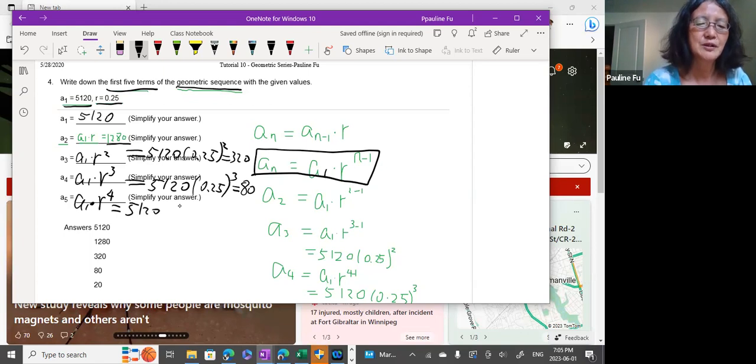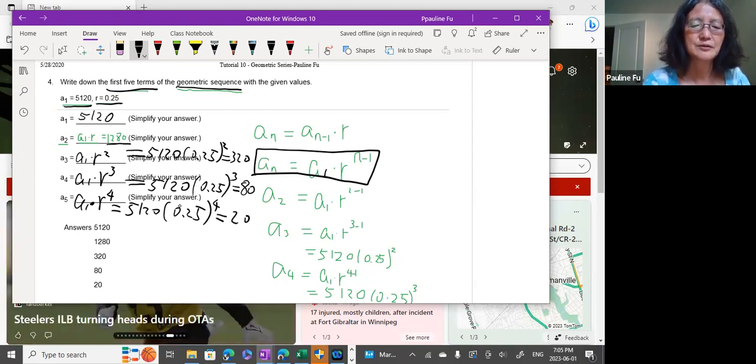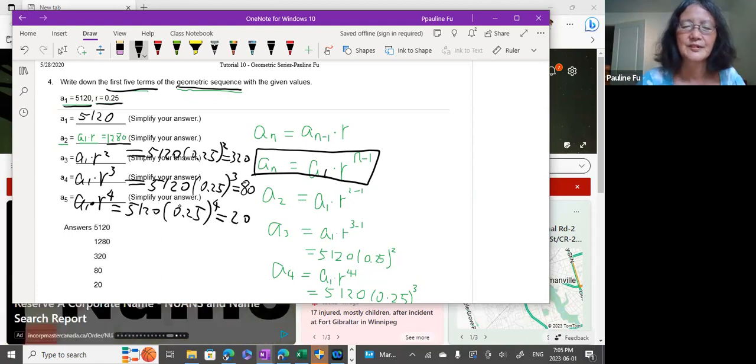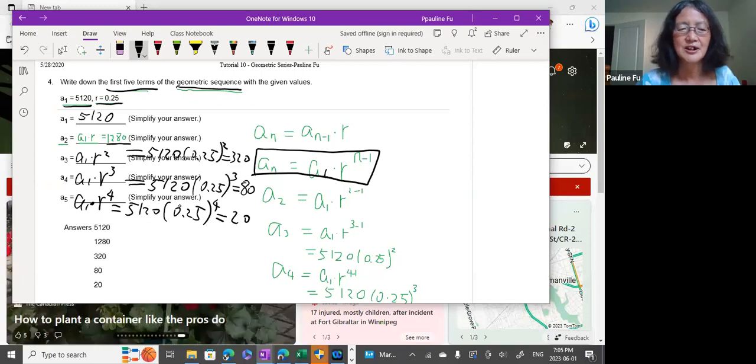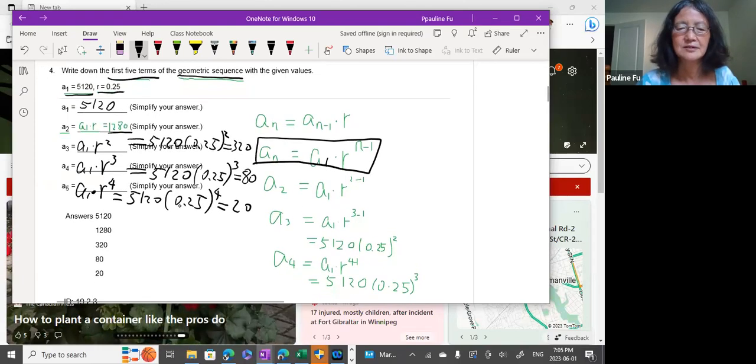So 5120 times 0.25 raised to power 4 equal to 20. Questions? Okay, shall we move on?